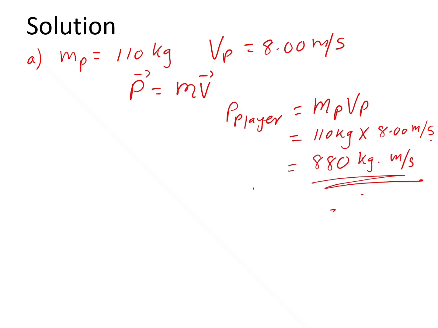So the football player's momentum is 880 kilograms meters per second in the direction he is running.